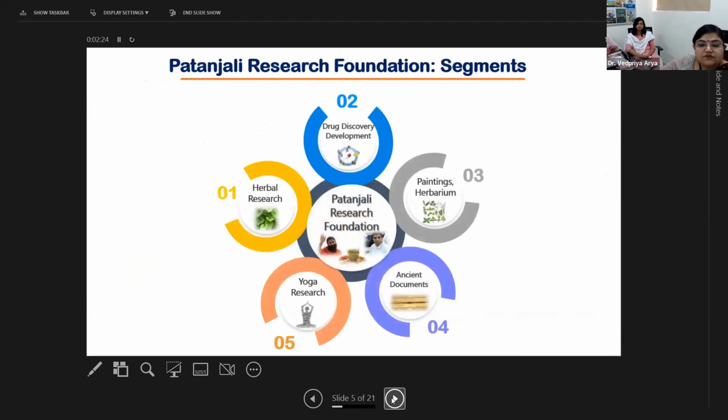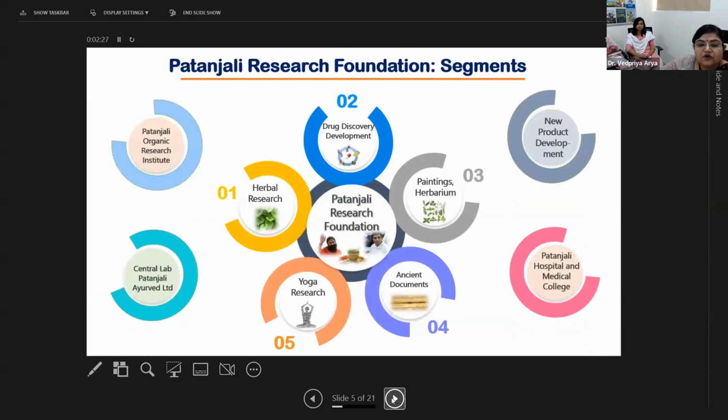And coming to the Patanjali Research Foundation, we are working in several segments like herbal research, drug discovery and development division, herbarium, ancient documentation division, yoga research, and several sister or allied institutes. Why I'm saying this? Because we are working in diverse areas.